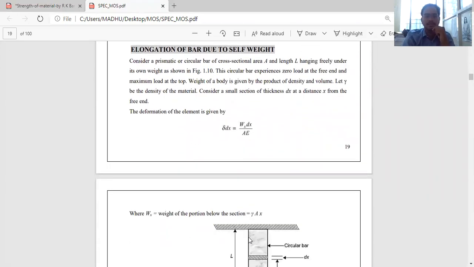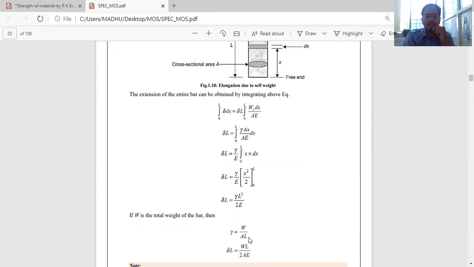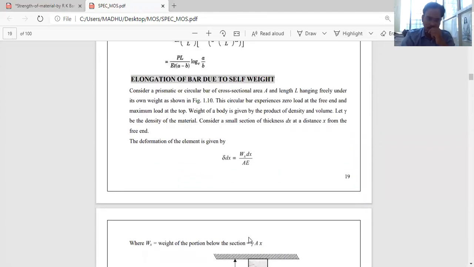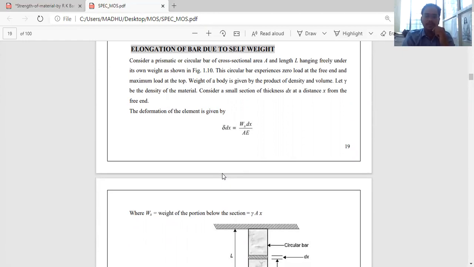Next, elongation of bar due to self weight. Because of the self weight of the bar which is hanging from the ceiling, it will get elongation. And here the weight has got importance for elongation of the bar.